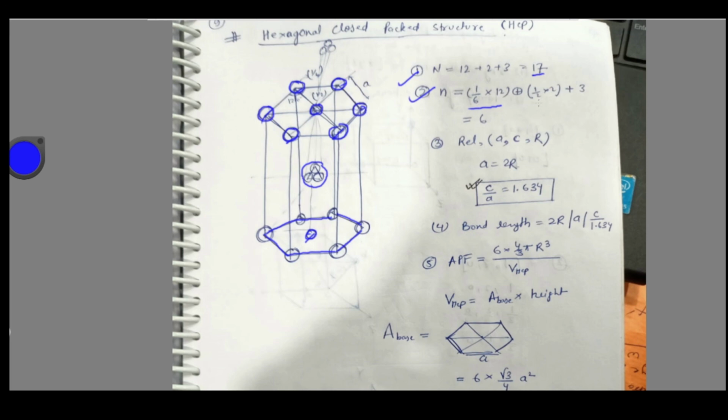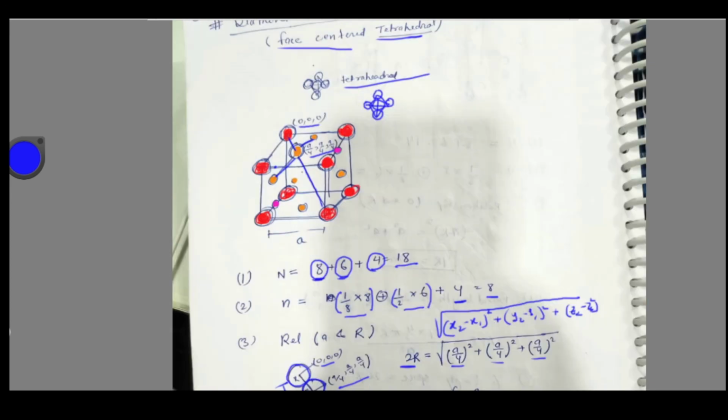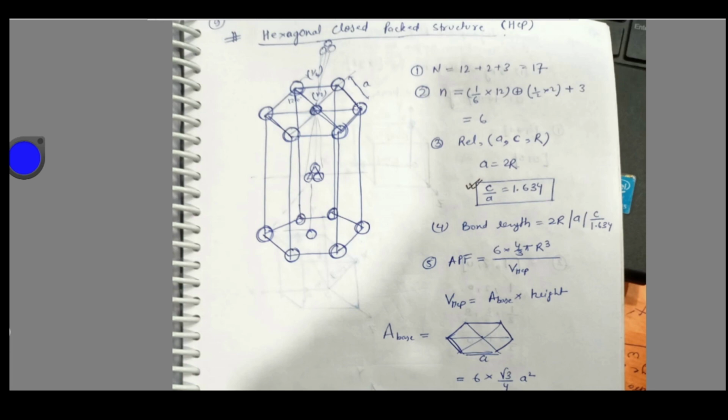On the faces, 2 atoms are present, and half of each is inside the HCP. At the center, all 3 atoms are present, so total 3. Sorry, effective number of atoms is 6.